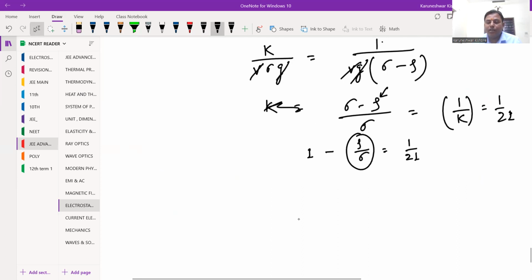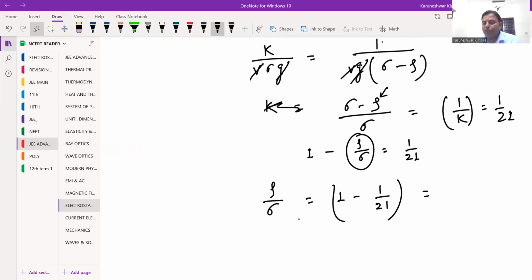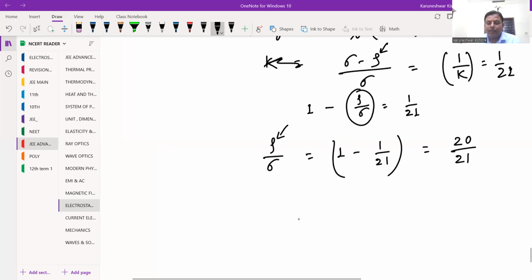I'm taking the right side. So it is rho by sigma, and it is 1 minus 1 by 21, which can be written as 21 minus 1, it is 20 by 21. And this value we have 800. So the sigma value we can write here is 800 into 21 divided by 20.